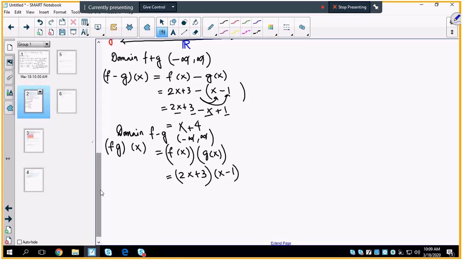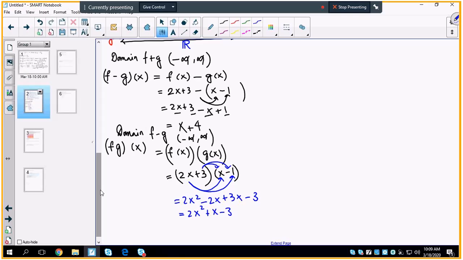So first I can start distributing 2x over x, and I get 2x squared. Then I do 2x times minus 1, which is minus 2x. Distribute 3, you get plus 3x. Distribute 3 over negative 1, you get negative 3. So you get 2x squared plus x minus 3 as the product of these two functions.